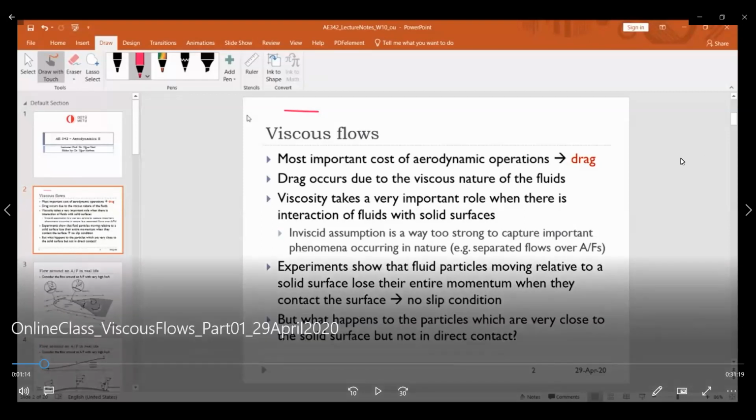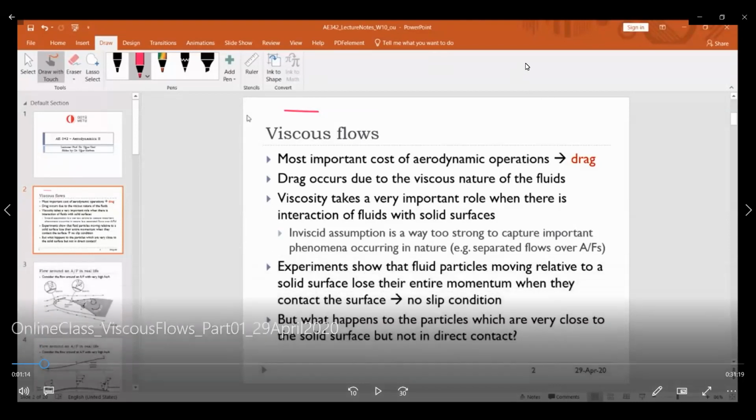So we generally treat them under more advanced topics. But in this class, this is a third-year class, so we will first focus on fundamentals. Fundamentals meaning the effects of viscosity for incompressible flows first, okay?